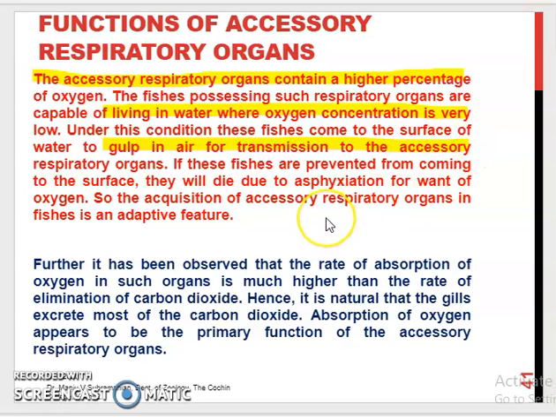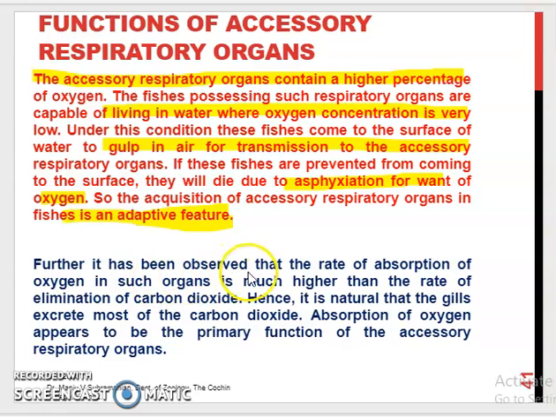If they are prevented from coming to the surface, they will die due to asphyxiation, for want of oxygen. So the acquisition of accessory respiratory organs in fishes is an adaptive feature to cope with the condition of less supply of oxygen.